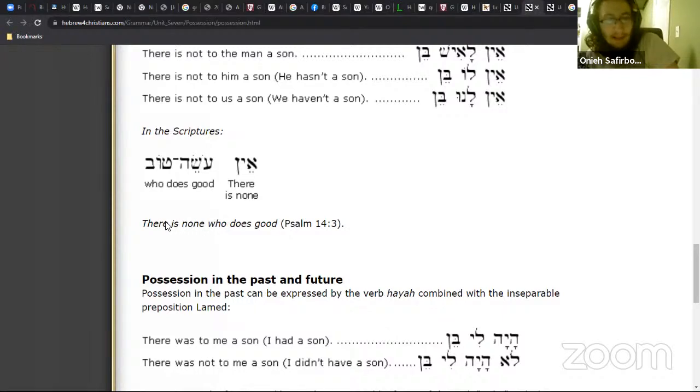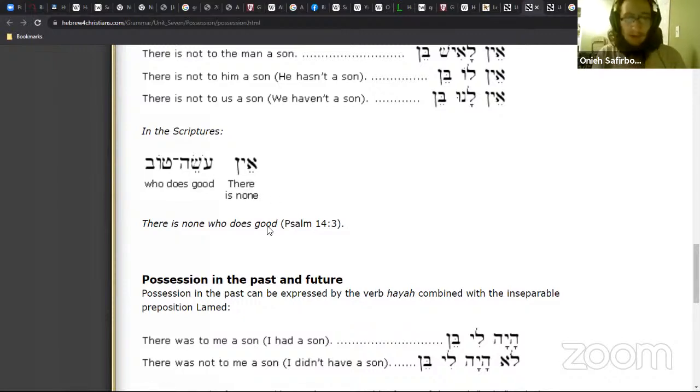And they translate this as there is none who does good, but it doesn't say there. It says exists not doing of good. Doing of good exists not.